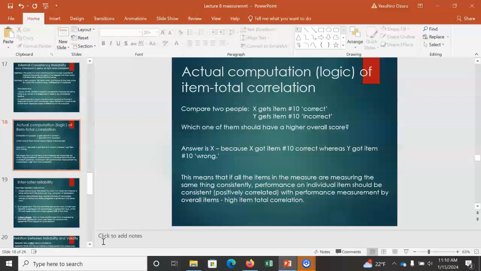That means it's possible this question is measuring something it's not supposed to measure in this test. That's the item total correlation, the internal consistency measure, used as a reliability measure.